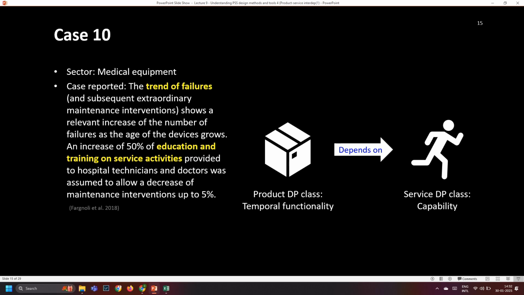And also, sorry, in this case, they found that better training, better education of the service technicians increased the product condition maintenance in terms of maintenance.